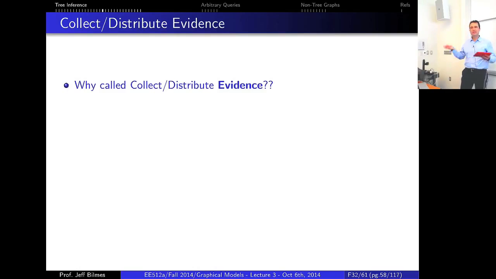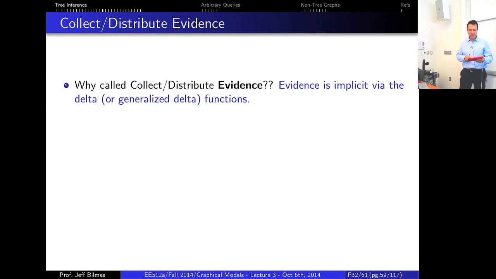And so why is it called collect and distribute evidence? Because in general, evidence is implicit, believe it or not, in everything that we've been doing. All of the discussion about summing out variables can, with only a very minor change, be seen to be exactly the same as what you would do when you have evidence.